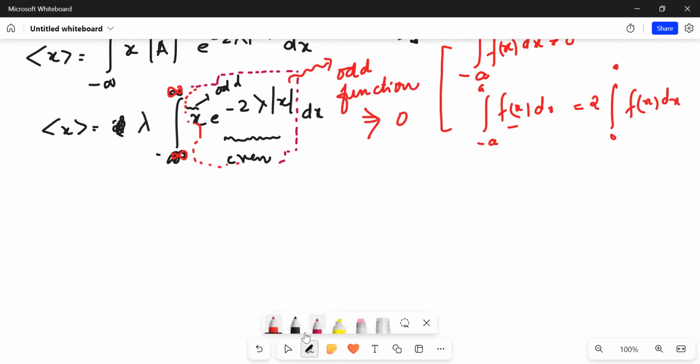What do you think the expectation value of x square would be? Just try to find it. I'm giving you a minute.